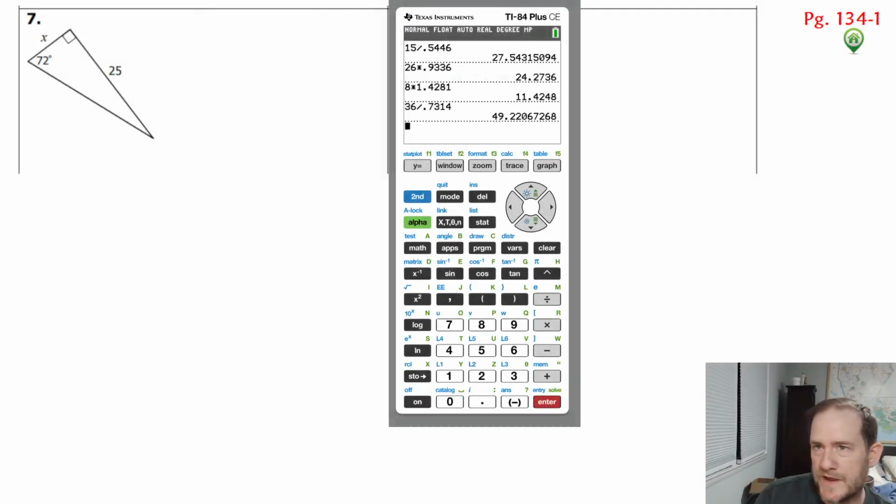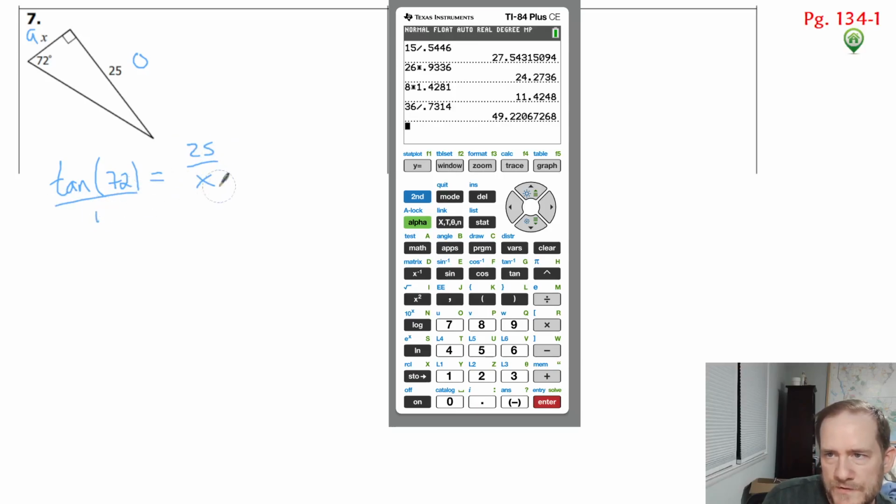All right, move the calculator over. And to do this problem, I again see opposite and I see adjacent. So this is a tangent one. Tangent of 72 equals 25 over x. So if I cross multiply, I get 25 equals x times the tangent of 72.